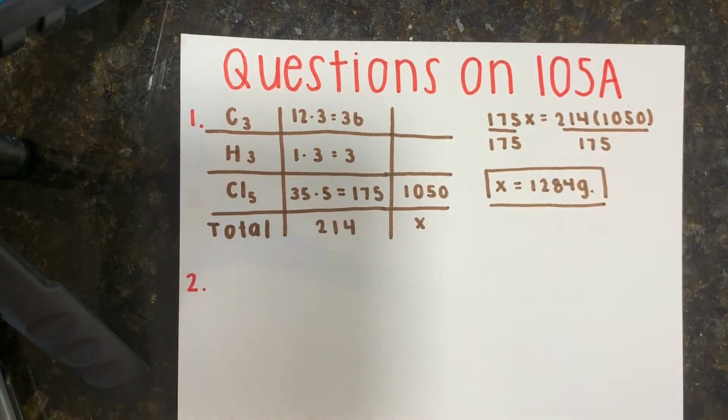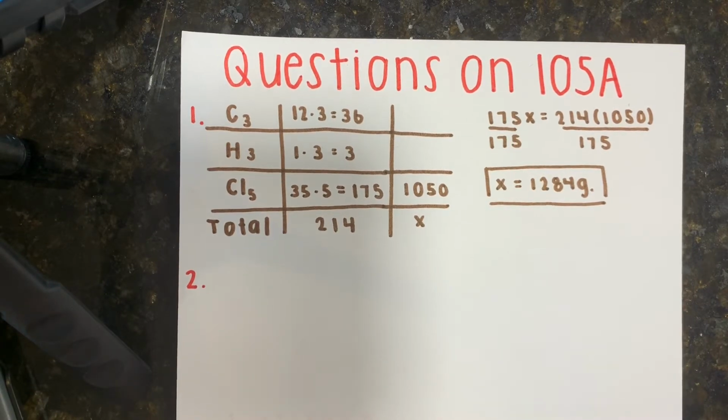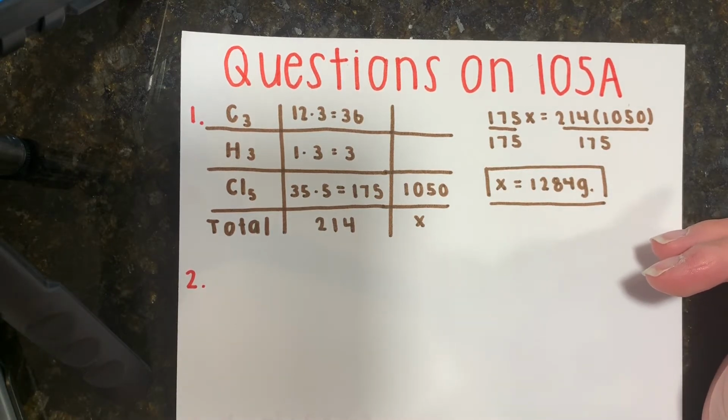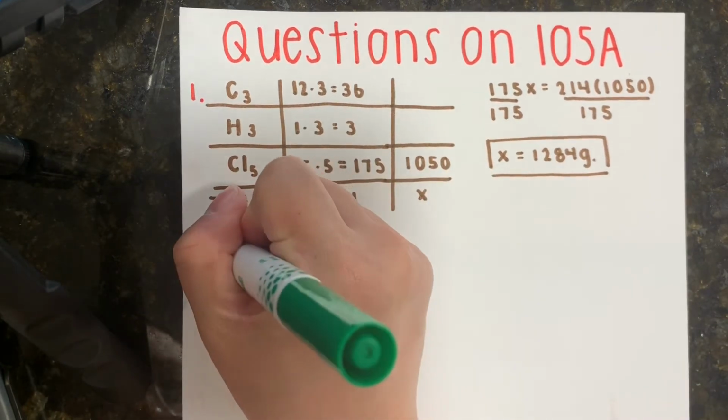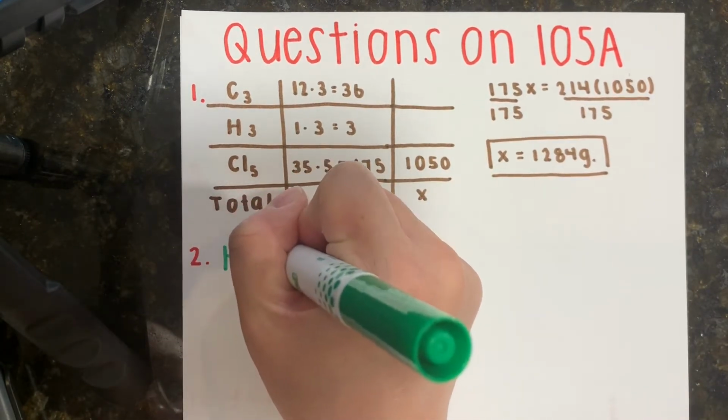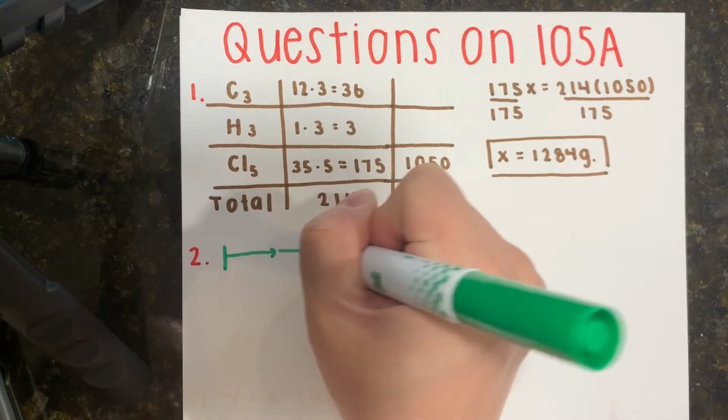Now moving on to number 2, it's a distance problem. It says Weasel headed for Table Rock Lake in a 10 mile per hour trot, but soon short wind forced her to slow to a 6 mile per hour walk. If she covered 64 miles in 8 hours, how far did she walk and how far did she trot? So our diagram is going to start with how far she trotted, and then she's going to continue walking.